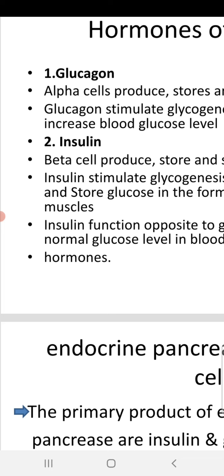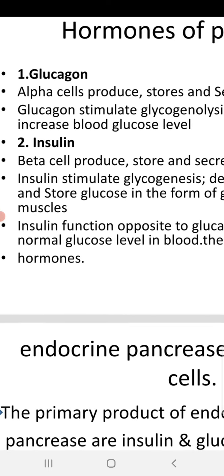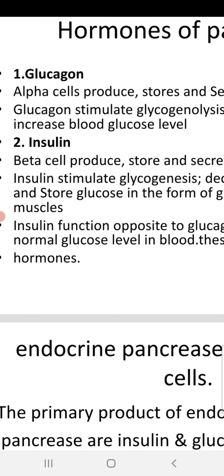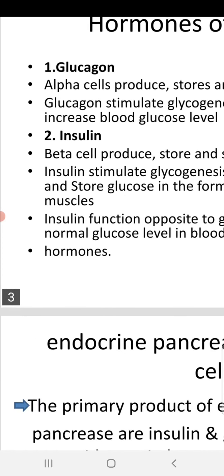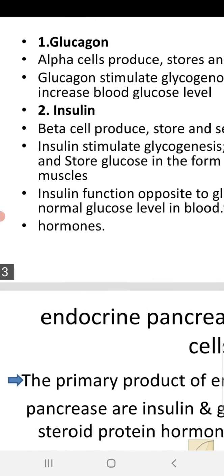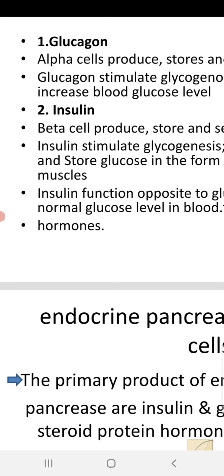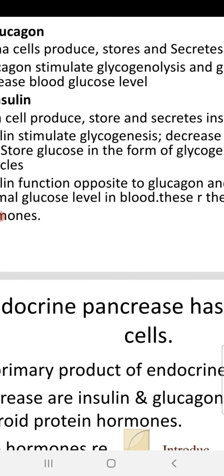So insulin is produced by beta cells, and it is stored and secreted by the beta cells. Insulin stimulates glycogenesis, that is, synthesis of glycogen.